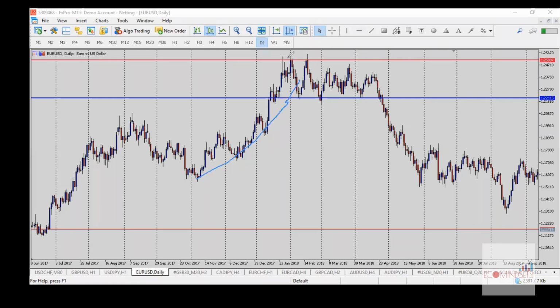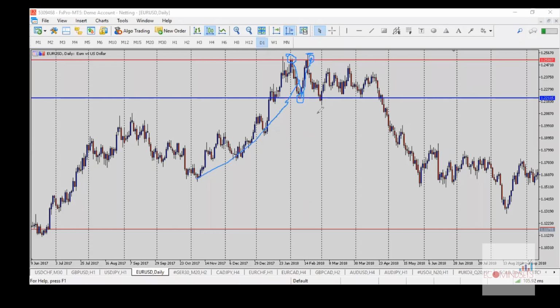Price came to the top here, rejected and pushed down to the lower section here, which is our support, and price rejected there again and pushed back up to our resistance line. Price was not able to break this resistance. This over here is just a fake out, it's not a breakout.